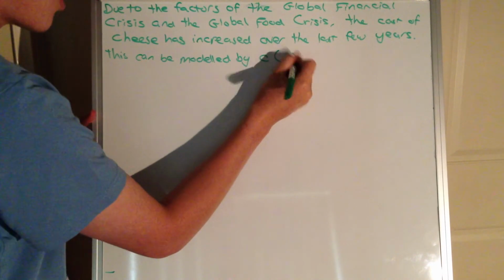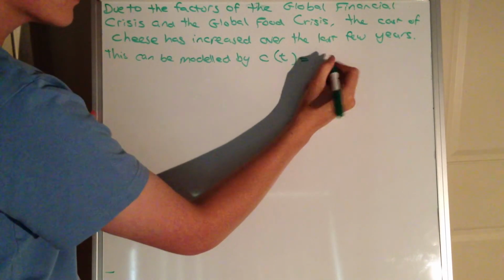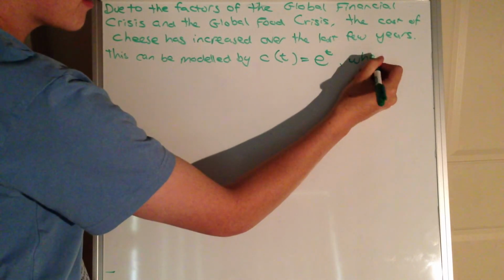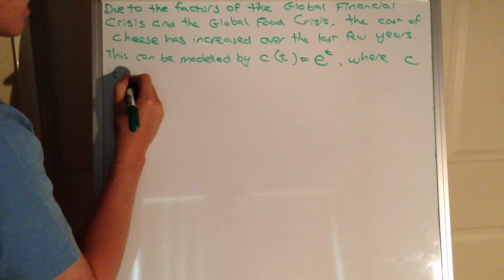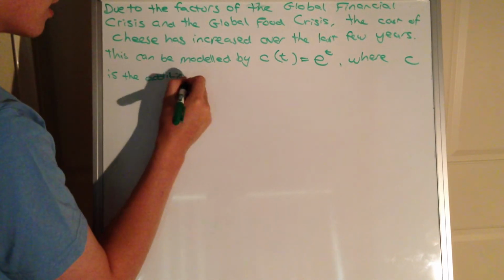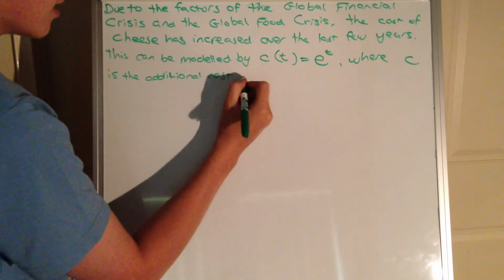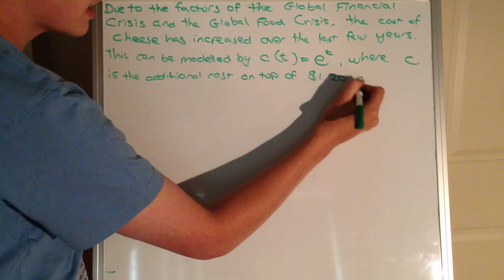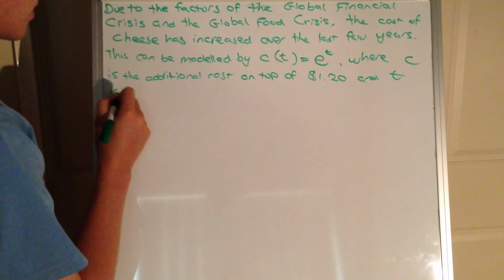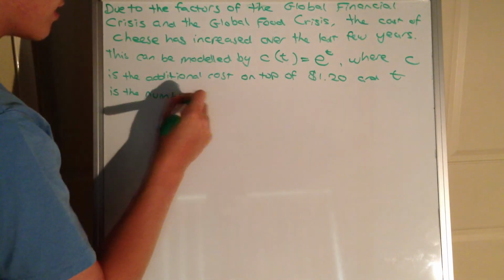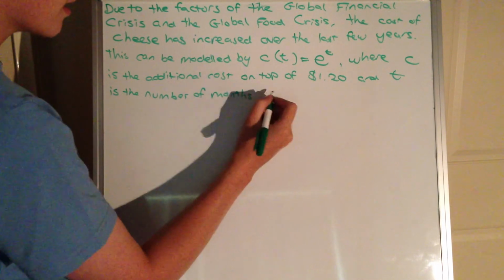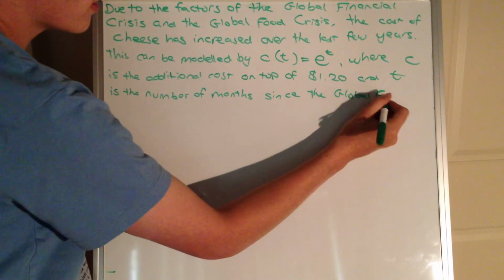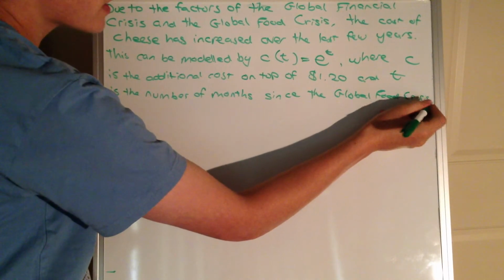by C of t equals e to the t, where C is the additional cost on top of $1.20, and t is the number of months since the global food crisis.